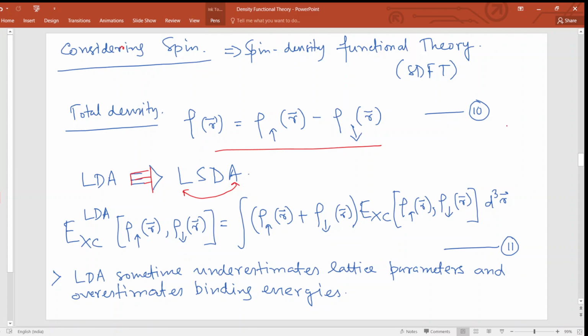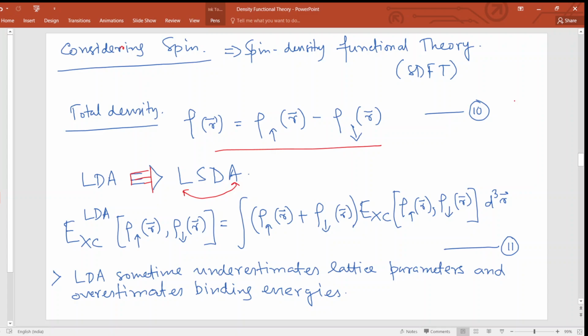However, in the case of LDA, the lattice parameters are sometimes found to be a little smaller than the actual value determined by experiment. Keep in mind that whenever I talk about underestimate, overestimate, smaller or better, these are in relation to experimentally observed values. How can you calculate the lattice parameters of a material?